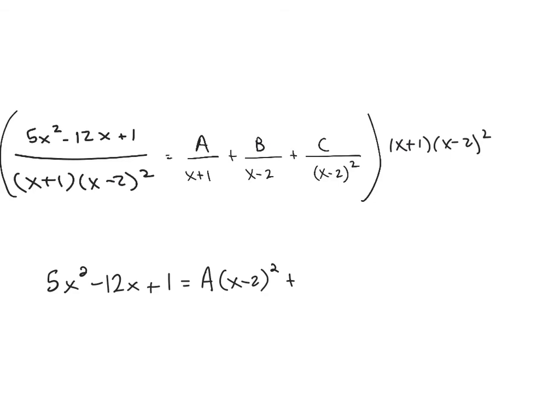So then b multiplies with x plus 1 and one of the x minus 2's. Now when the LCD multiplies here, the x minus 2 squared cancels completely out with that x minus 2 squared, so c multiplies just with x plus 1.